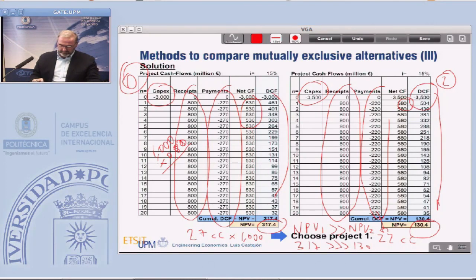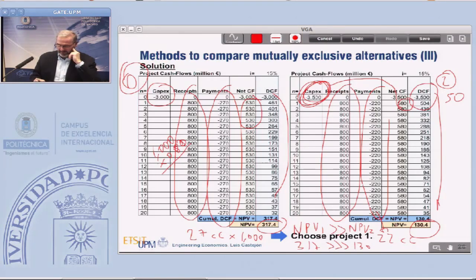So, as you see, the higher capex of investing in project 2, the cost efficiency you get, doesn't deserve the investment.